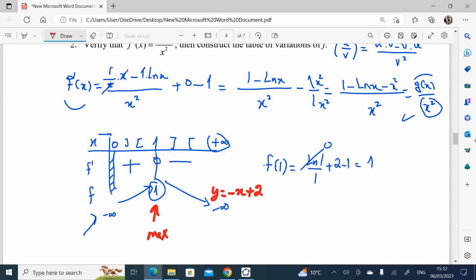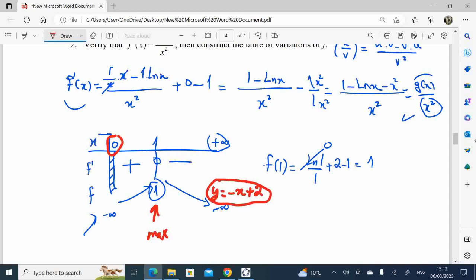So in order to draw the graph for f, I need first to draw the asymptotes. We have two asymptotes, x equals 0, which is the vertical asymptote, and y equal minus x plus 2, which is the oblique.